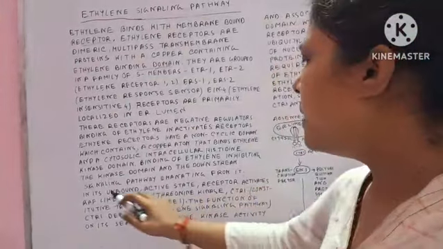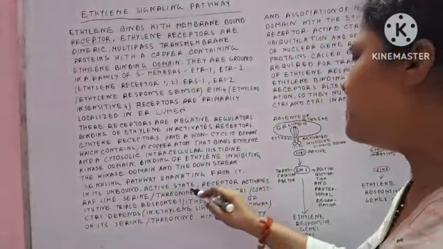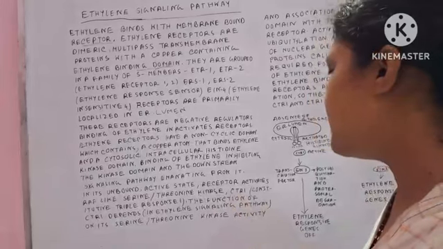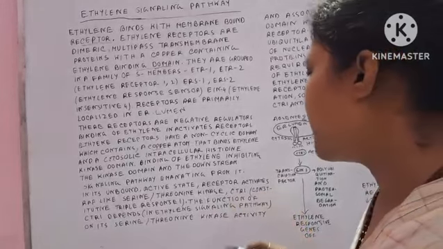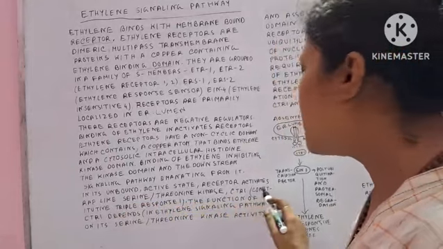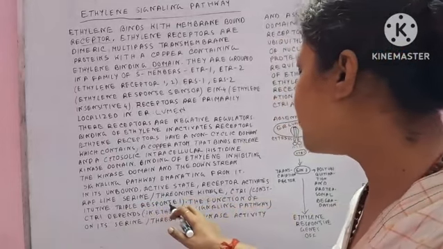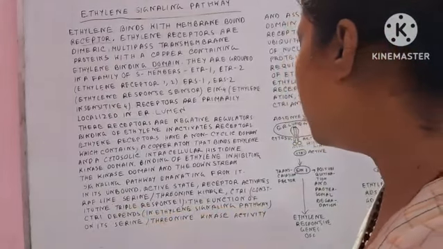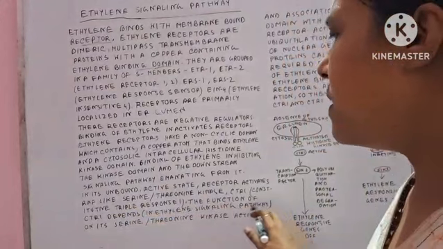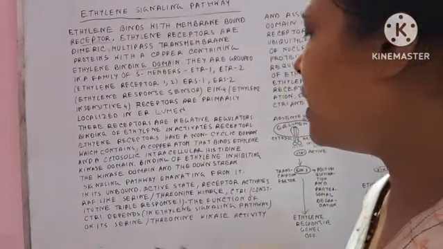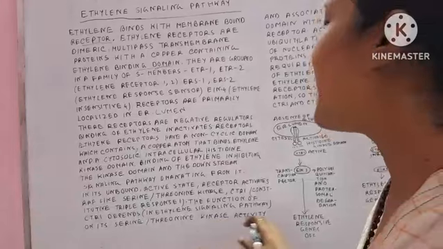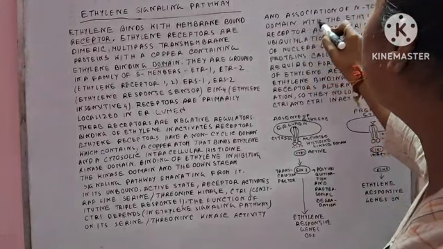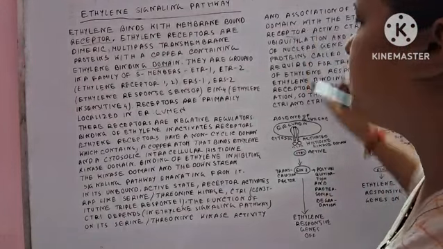And in its unbound active state, the receptor activates the serine threonine kinase CTR1. This CTR1 means constitutive triple response 1. The function of CTR1 in the ethylene signaling pathway depends on its serine threonine kinase activity and association of its N-terminal domain with the ethylene receptor.